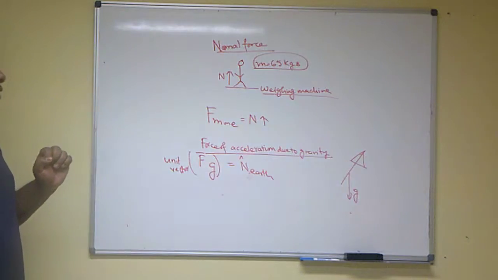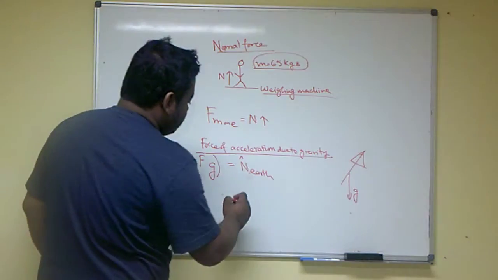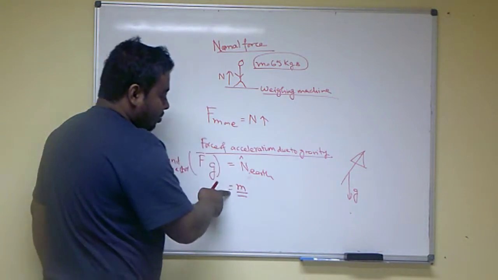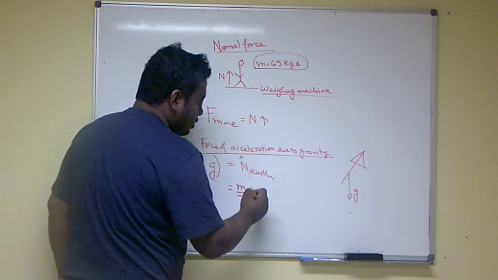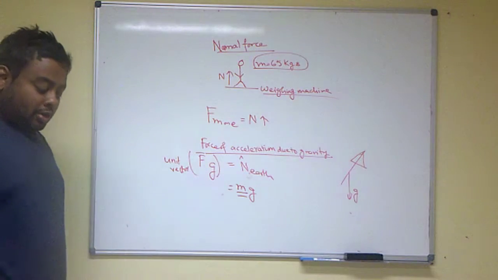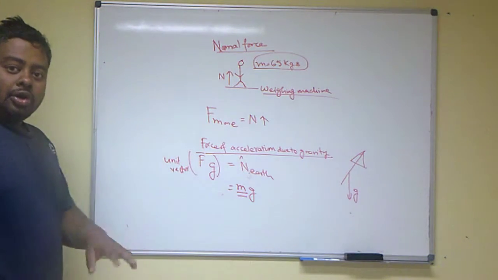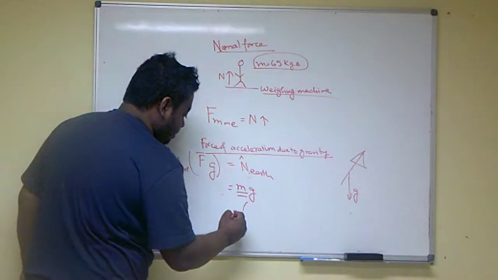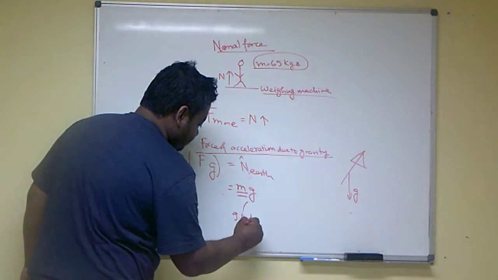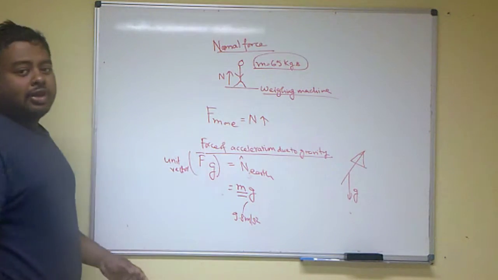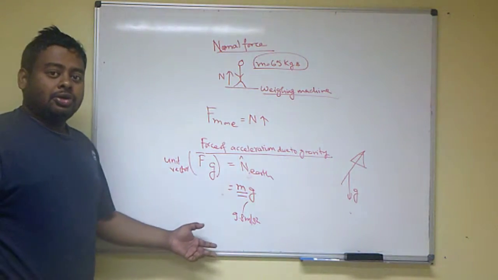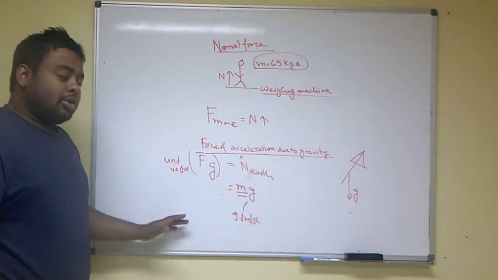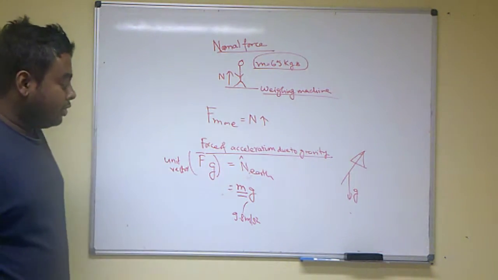And how do you get that force? You multiply your mass with the acceleration due to gravity, which where we are standing, for example, is around 9.8 meters per second square. We tend to use the SI units, but you can also use American units or some other British units, but in the IIT JEE examination, we always care about the SI units.